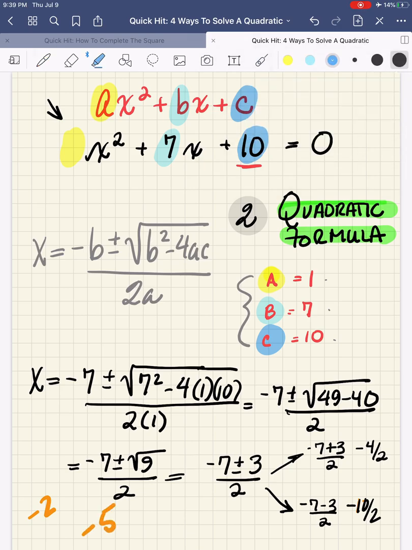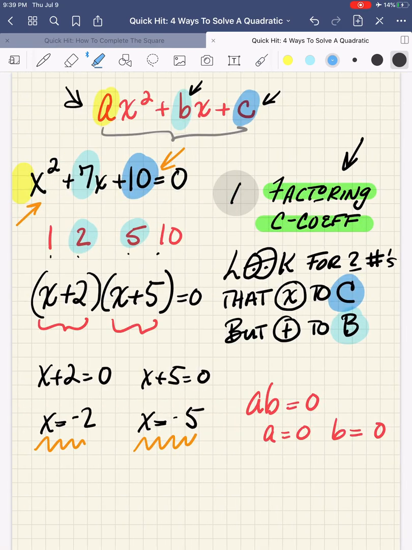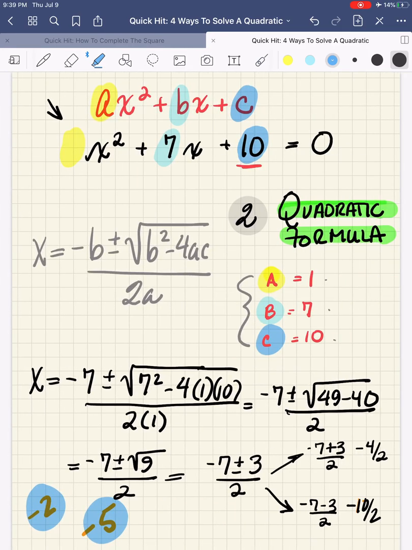And we see that marvelous machine, the quadratic formula, spit out negative 2 and negative 5, which are the same negative 2, negative 5 we got through factoring the c coefficient. So another totally valid, wonderful way, especially if it's pre-programmed in your calculator, to get to the roots/solutions/x-intercepts of a quadratic. But it is not the only way.